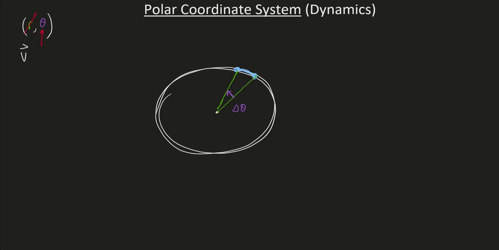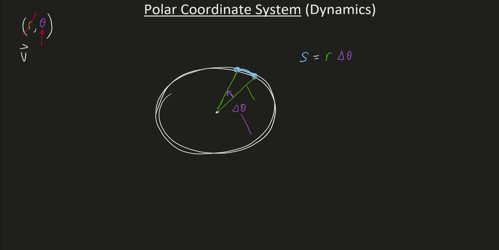Well, we can use an equation to analyze this, and it's a very important equation, and I've seen it a lot in engineering classes. The arc length, that distance that the particle traveled, is equal to the radius times the angular distance, that angle there. So if I know my radius and I know my angle, I can calculate the distance this particle traveled.